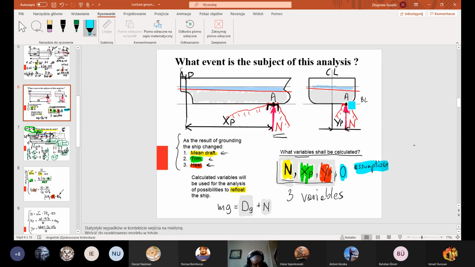Okay. And then last time we started to think about what could be the source of data for calculations. If you want to calculate the force, what shall be the data for our calculations?